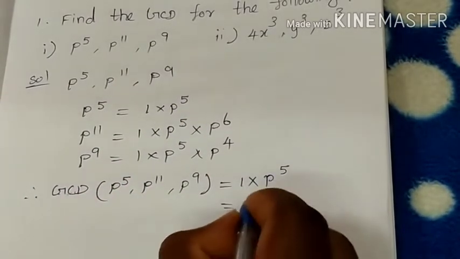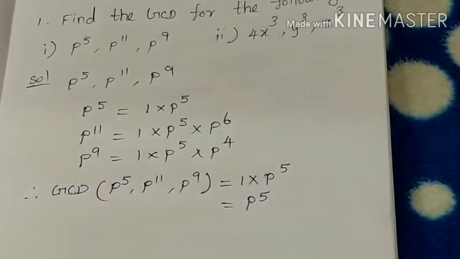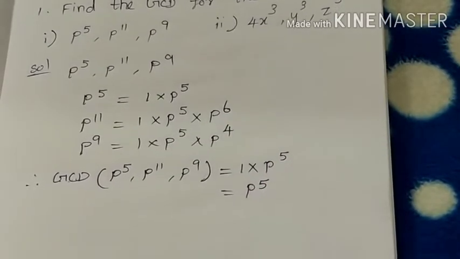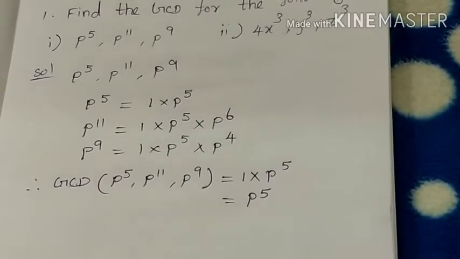The common divisors are 1 and p power 5. Only the common factors are taken, because we need the common divisor, the greatest common divisor. Here, the greatest common divisor is 1 into p power 5, which is p power 5. That's all. This is the GCD of the given factors.